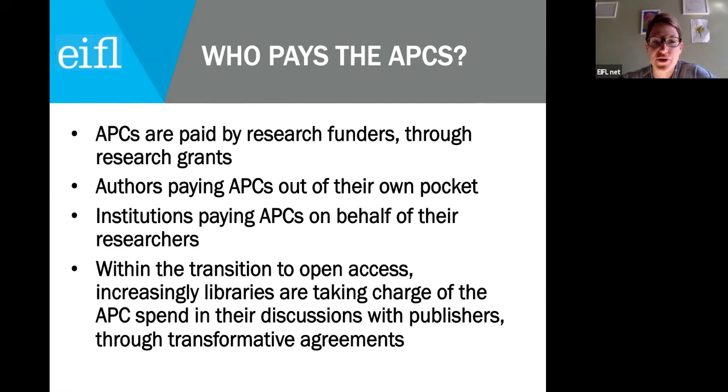And within the transition to open access, increasingly libraries are taking charge of this APC spend in their discussions with publishers through what we've called transformative agreements. We've had a separate webinar on this as well. It's quite important that libraries start to track this themselves a bit more, so they know what they're spending or what their authors are spending on this.